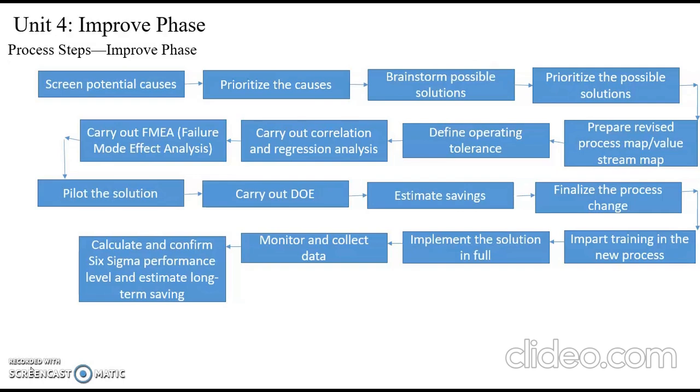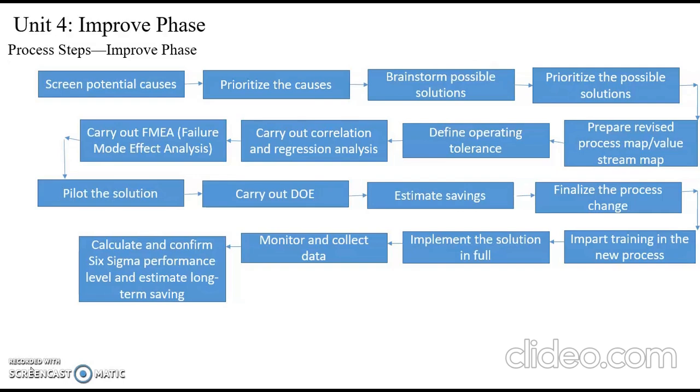So, it is a waste of time if all the solutions are attempted at the same time. So, you should prioritize these possible solutions first. Which should the team go first? For this, there are several tools. Important are multi-voting, suitability matrix and affinity diagrams. We'll come back to that in the tools.